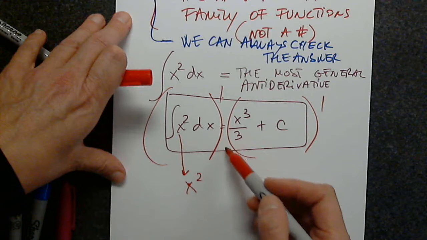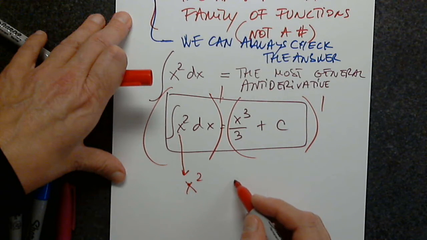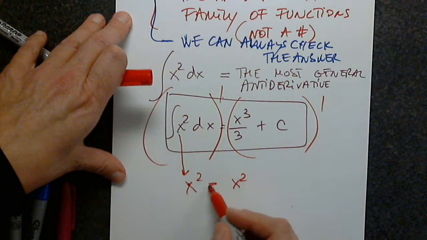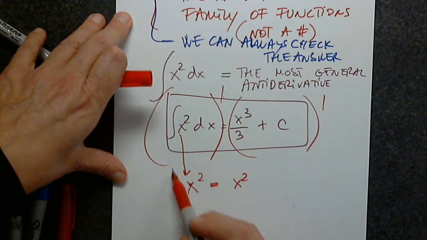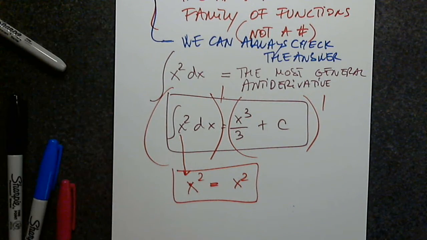Bring down 3, simplify. What is left? Differentiate c. So for indefinite integrals, we can always check the answer. It will only take a blink. But definite integrals, we cannot. Let's practice.